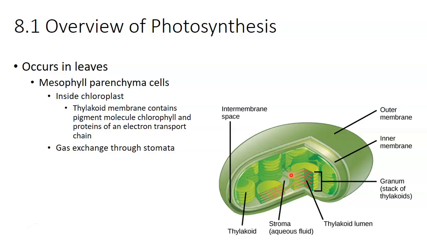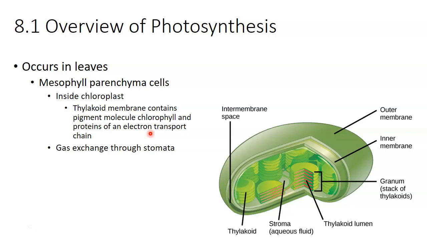It's in that structure, the thylakoid membrane, where we're going to find that pigment molecule called chlorophyll, and we are going to find proteins that are part of another electron transport chain. So lots of similarities here, structurally and functionally, between cellular respiration and photosynthesis. We're going to find the same kinds of things have evolved for both processes. It's pretty neat.